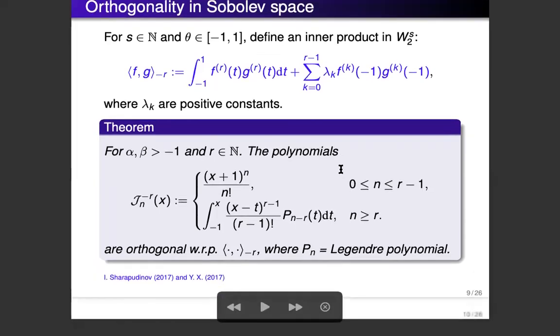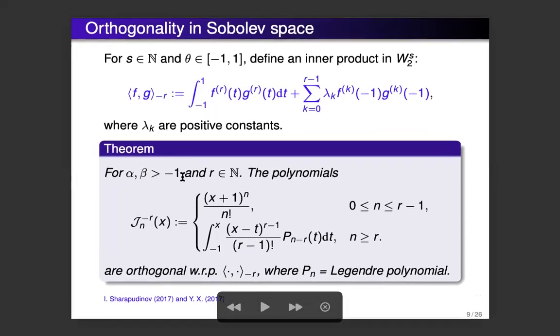Now, I don't need this actually. So just for alpha equal to -r, we define the polynomial by this. You see, I'm simply taking the integral of that.